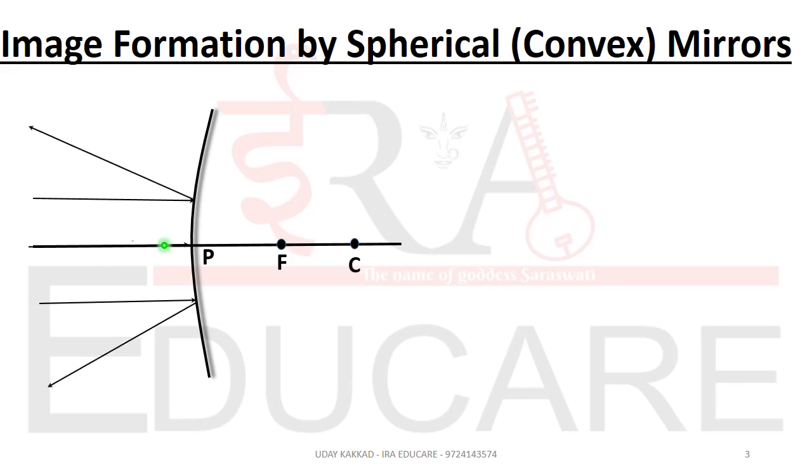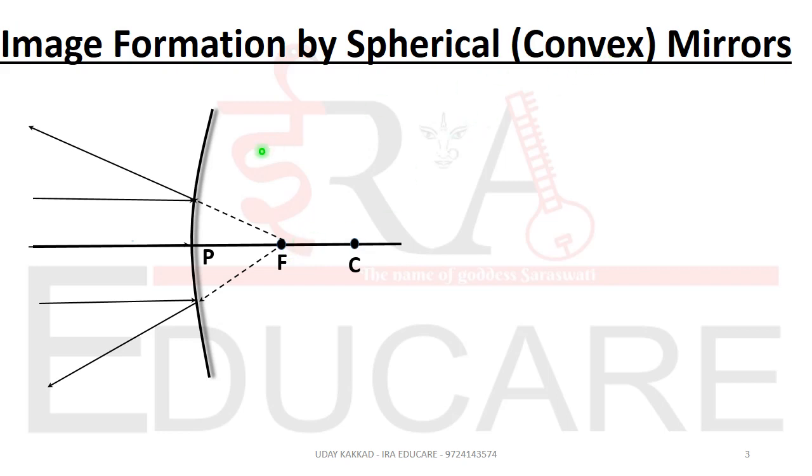Now your reflected rays are like this. If you take your eye here and look, they appear to come from a point inside the mirror. That point is the focus point.